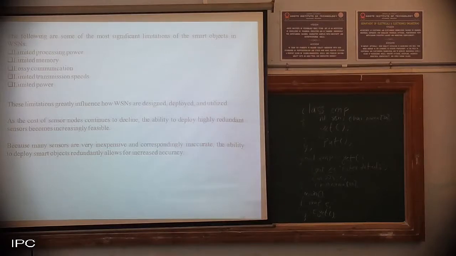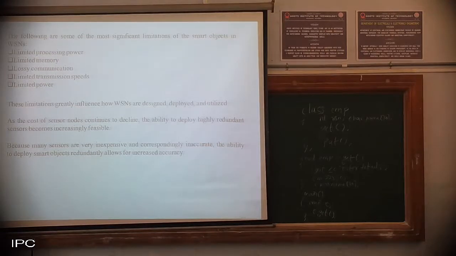That is the limited processing power. If it is a wireless one, processing power will be limited. That is a major limitation. Then limited memory. Then lossy communication: wireless means some data loss may happen, so that is also a major limitation.